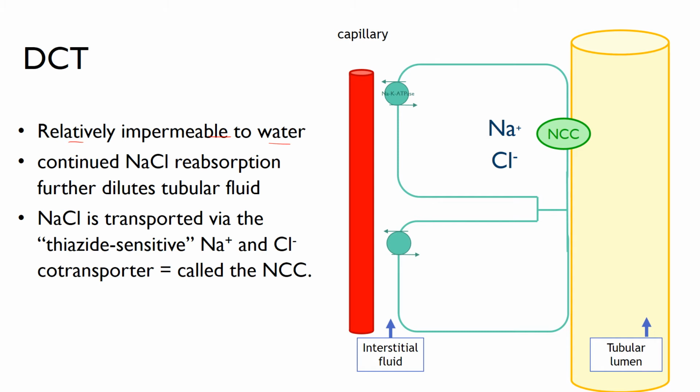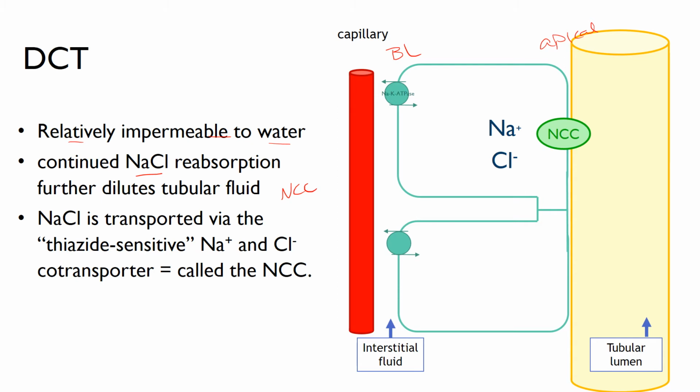Here's our graphic again. The apical side is on the right, the basolateral side is on the left. To reabsorb, we're going to focus specifically on sodium and chloride. To reabsorb sodium across the apical membrane, we're going to use a very specific cotransporter called the NCC.